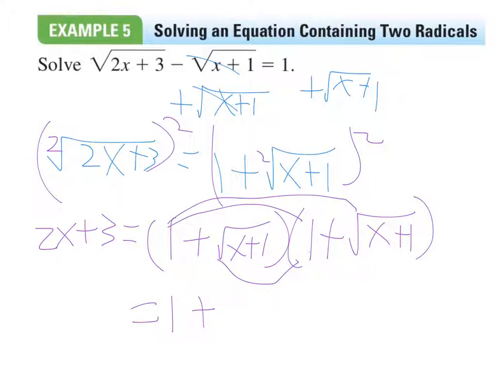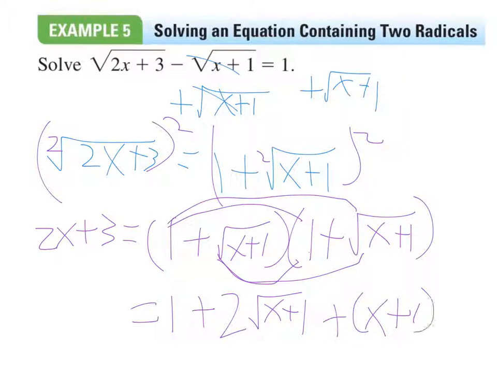So you have square root of x plus 1 plus square root of x plus 1, that'd be 2 square root of x plus 1. And then square root of x plus 1 times square root of x plus 1 would just be x plus 1, because when you multiply a square root by itself, the square root is undone. Bring down your 2x plus 3.